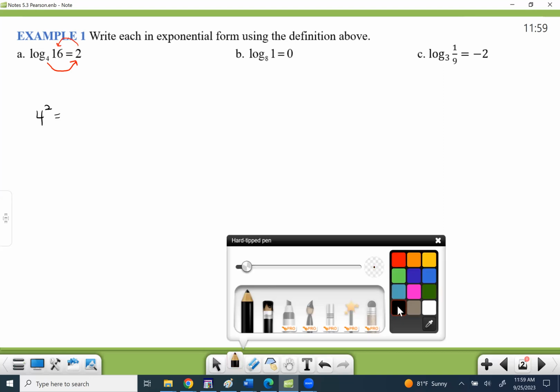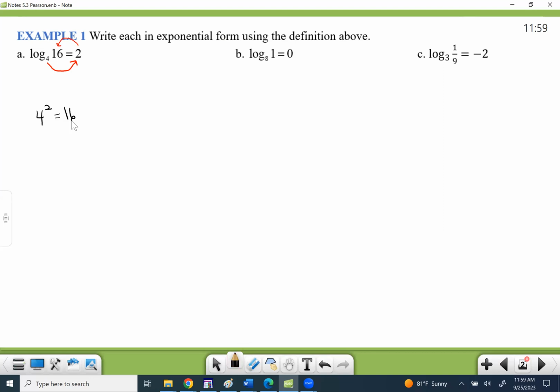So that's our hook right there. You start with the base, you cross the equal sign, and you come back. And in this case, there's numbers here, so you can actually tell if you're right or not. Is 4 squared 16? It is, so this looks good, okay? This is what we call writing in exponential form. And that makes sense. We wrote it as an exponent, so that's exponential form, okay?